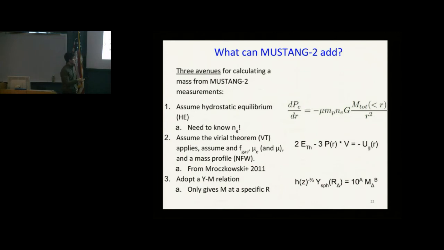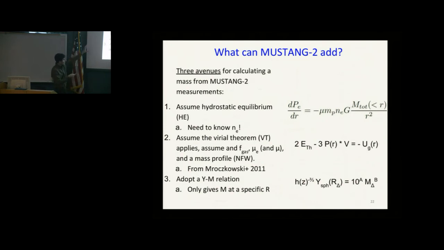The canonical method with the intracluster medium is to assume hydrostatic equilibrium. To do that, you'll need to know both pressure and electron density, which is to say, from SZ data alone, we can't quite do that, or you would have to assume some electron density profile. You'd have to assume something else.